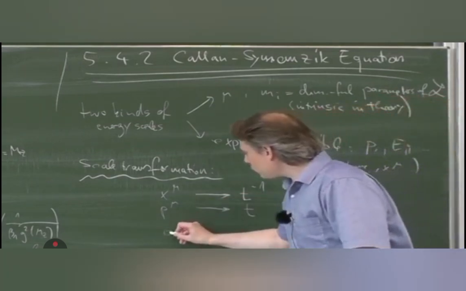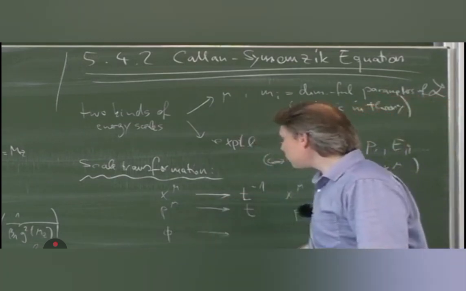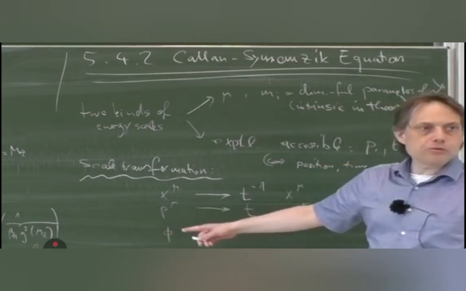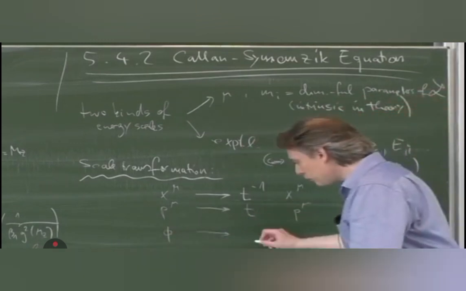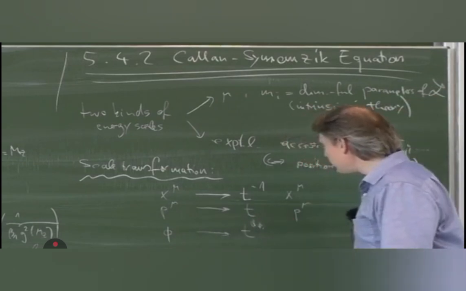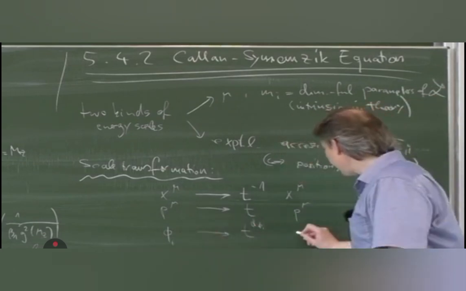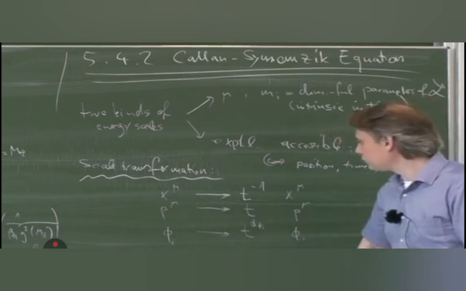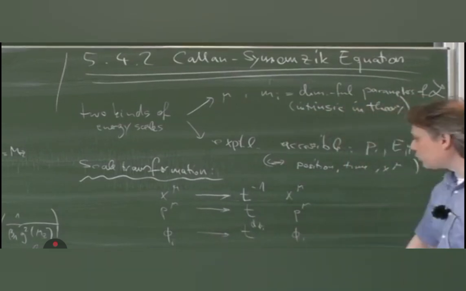And also field operators in the Lagrangian, they also scale up or down according to the dimensionality of the field operators. So they scale like p to the power d_phi_i times phi_i, where d_phi_i is the dimensionality of the field operator.